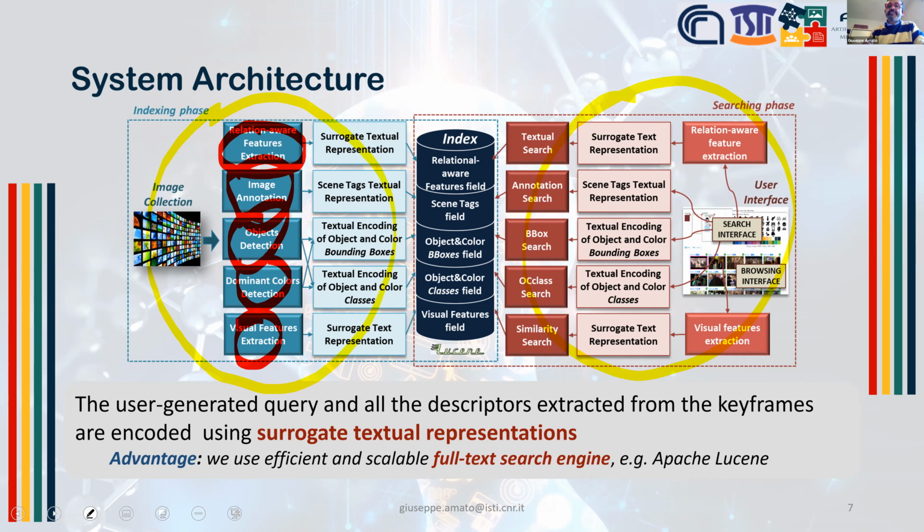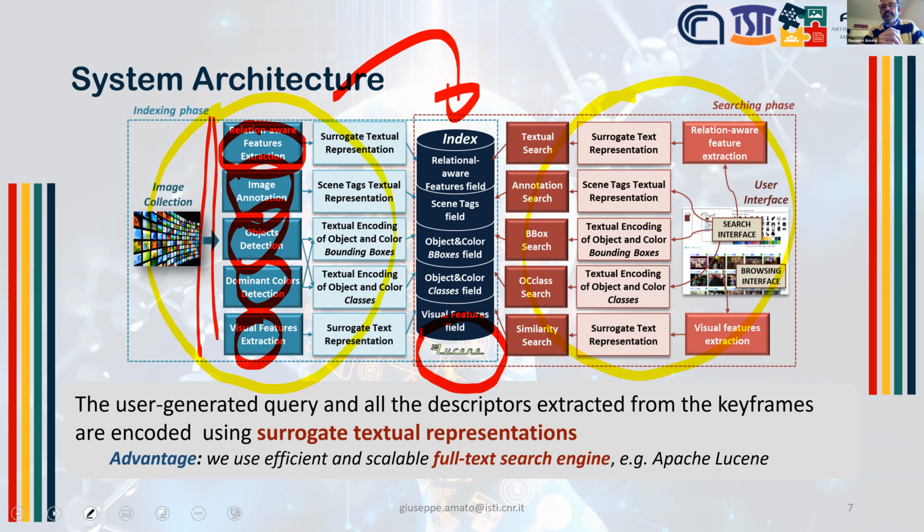As I said at the beginning, we also address the problem of efficiency in addition to effectiveness. So not just accuracy, but also a system that is fast in interacting with the user. All the information that we extract in those modules is inserted in an index which is built around the Lucene text retrieval engine. Probably most of you already know what Lucene is. It's a text retrieval engine.